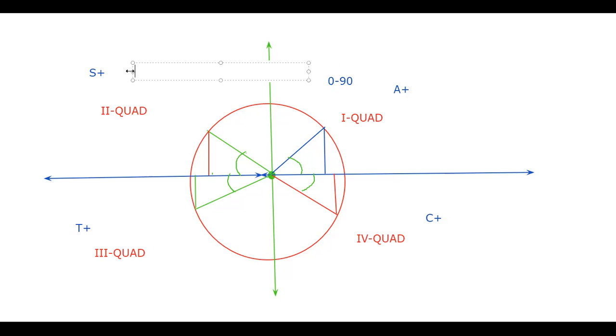And this one is from 90 to 180, excluding the end values, because they would be on the axis then. Then the next one is 180 to 270. And here, 270 to 360.